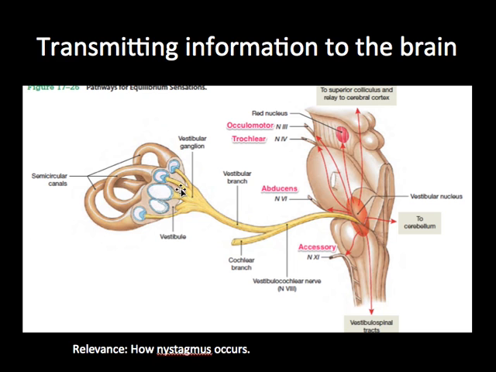And as you can see, the signals go down here and they hit the nucleus and they get sent off to different parts. I've highlighted some of the important ones. So they can go to the oculomotor nerve, trochlear nerve, and abducens nerve. So that's 3, 4, and 6. If you think back to your cranial nerves, these guys are important in eye movements.